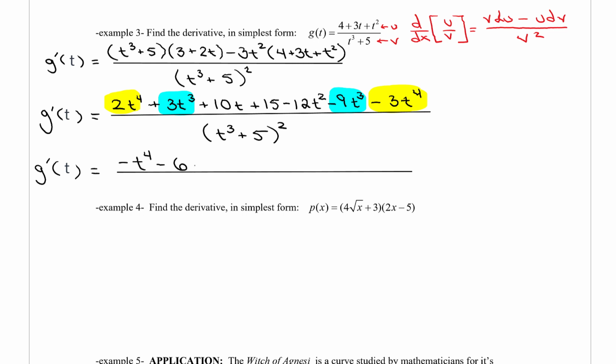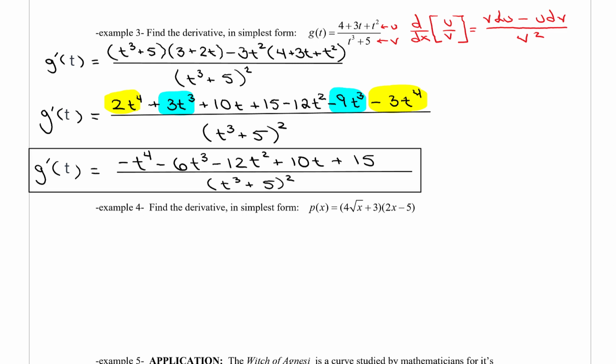So I'm going to combine like terms. This will leave me with negative t raised to the fourth power minus 6t raised to the third power minus 12t squared plus 10t plus 15 all over t raised to the third power plus 5 quantity squared. I'm going to box that in.